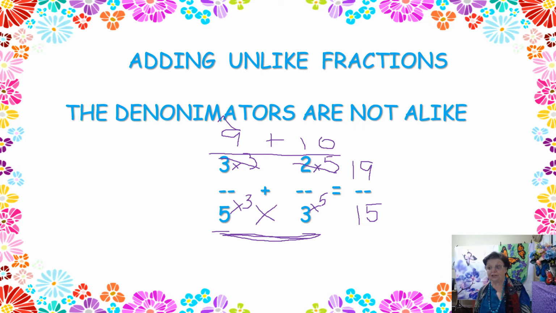So the easiest way to do that is to just multiply them. 5 times 3 is 15, but whatever you do to the bottom, you have to do to the top before you can add them.